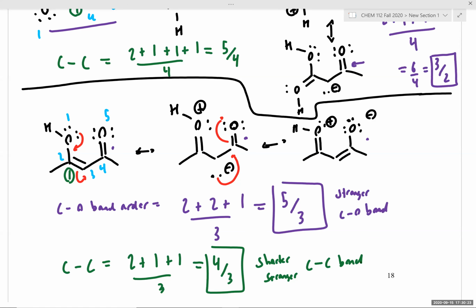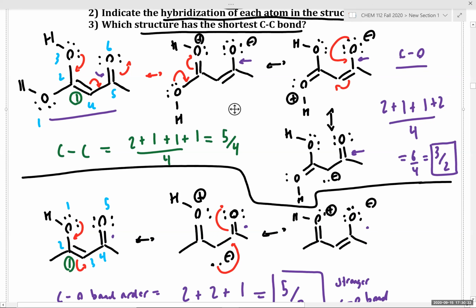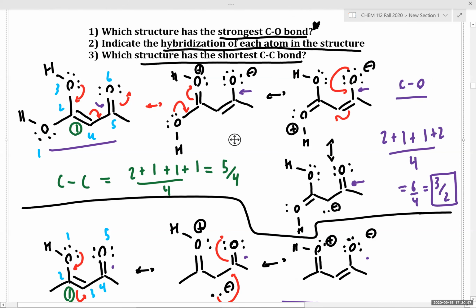So this carbon-carbon bond order, it's the same for each of these bonds. And yes, it would be important to consider both. The reason why I'm focusing on just one of our carbon-carbon bonds is if we wanted to analyze this second set of carbon-carbon bonds, note that this second carbon-carbon bond is primarily found in your minor structures.